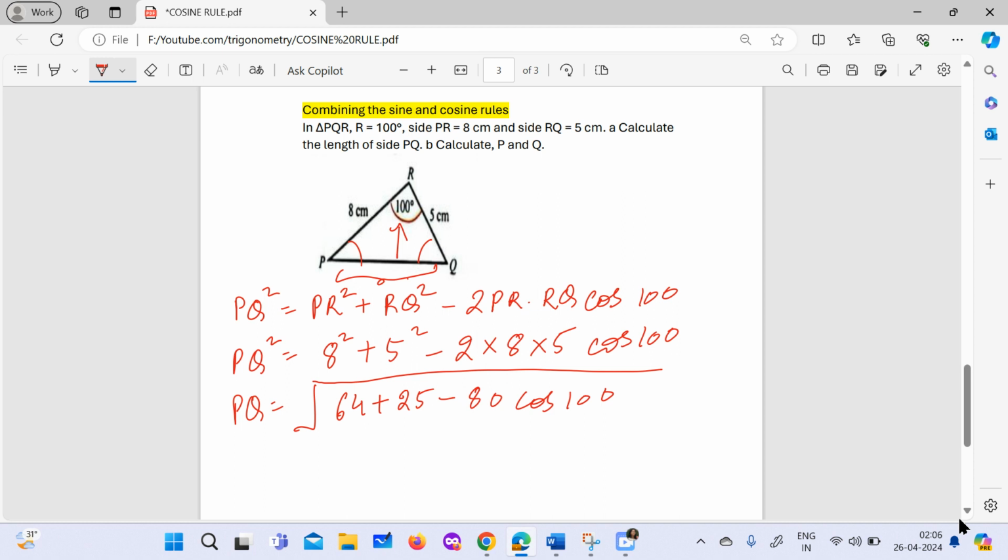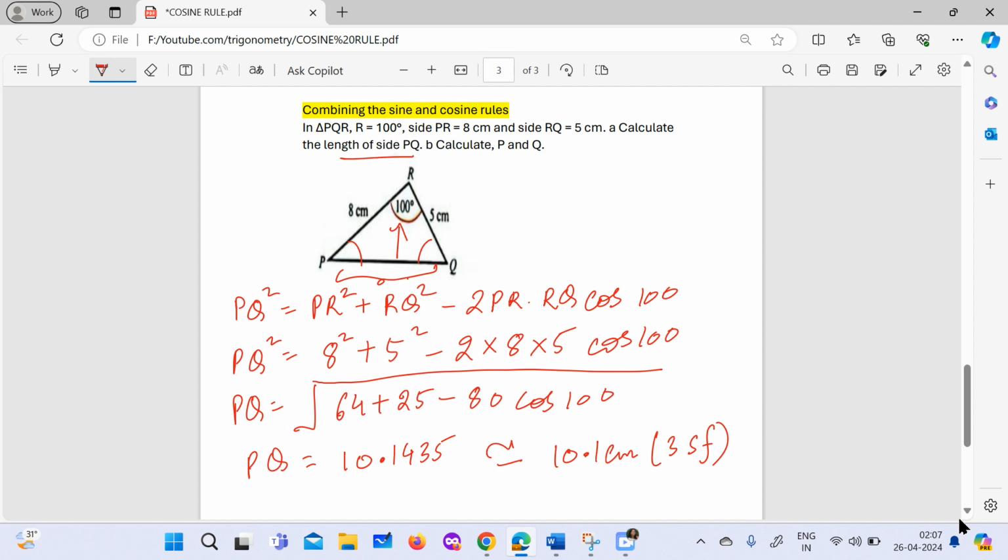And then just input all the values in the calculator. That is the simplest thing you can do, and you will get 10.1435. This will be rounded to three significant figure, and I will write this answer as 10.1 centimeter to three significant figure. Now this is done, finding the length of side PQ.